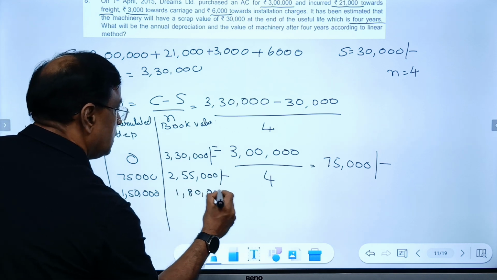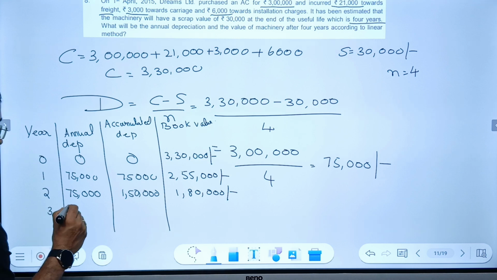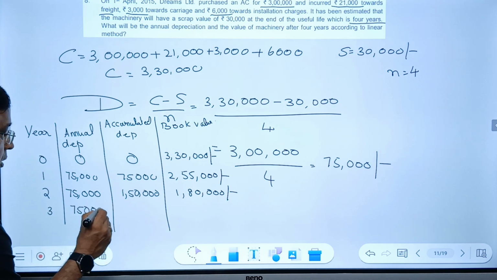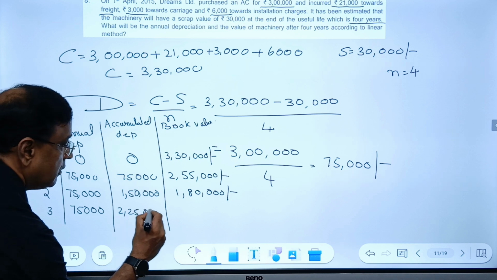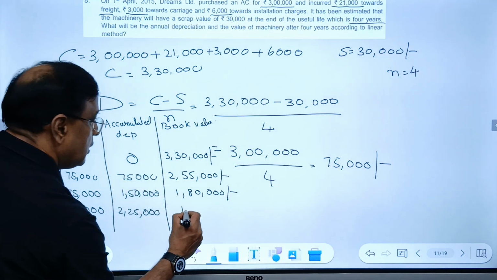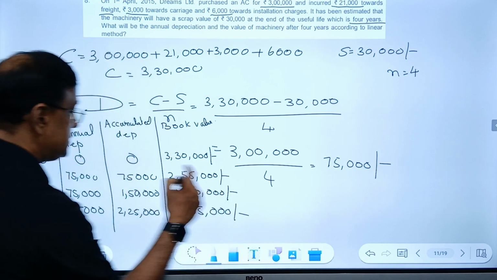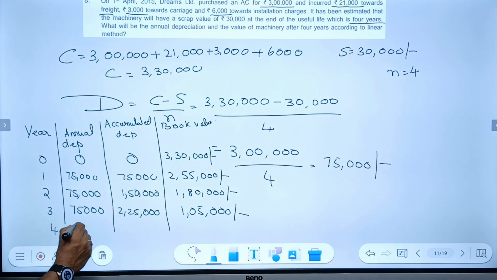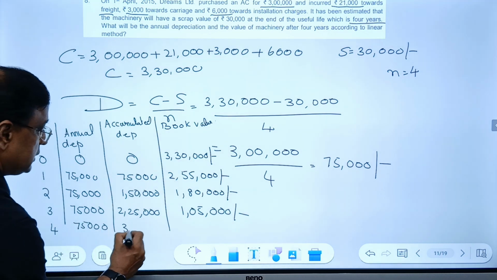Maybe some calculation mistake, just check that. Third year is 75,000, and the accumulated will be 2,25,000, and the book value will be 1,05,000. In the fourth year, it is 75,000, and the accumulated will be 3 lakhs.